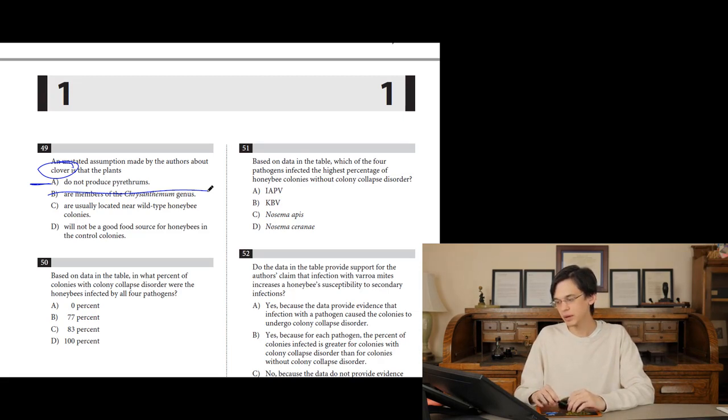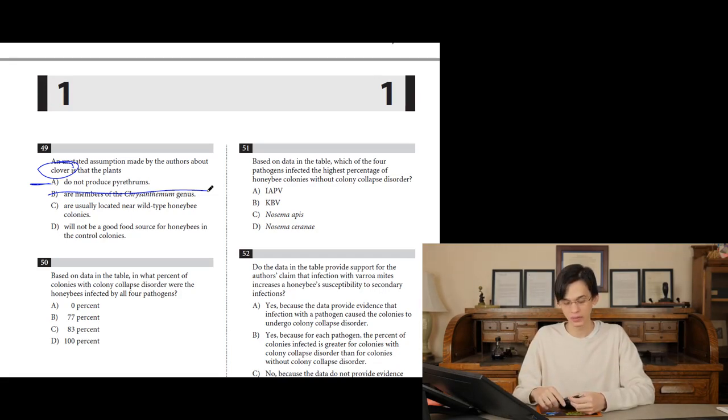An unstated assumption made by the authors of clover is that the plants are usually located near wild-type honeybee colonies. Do we know that? We don't know whether or not wild honeybees are located near pyrethrum producing plants, or rather clover, excuse me, I'm getting confused. The answer choice says clover are usually located near wild-type honey colonies.